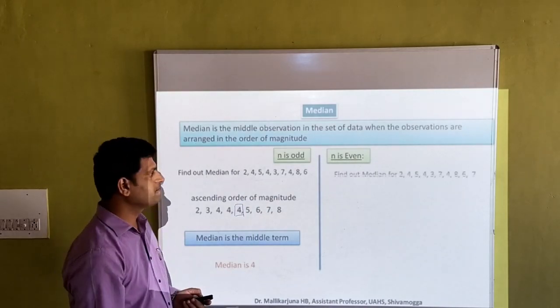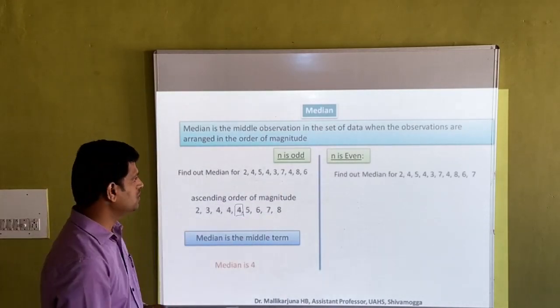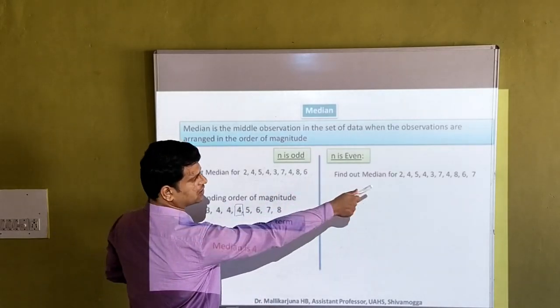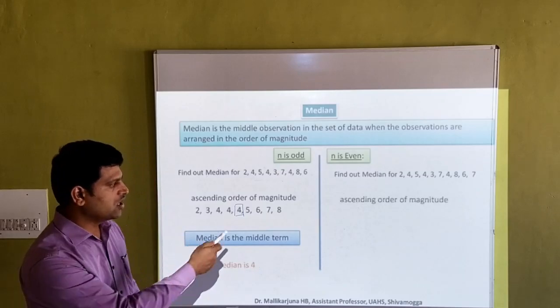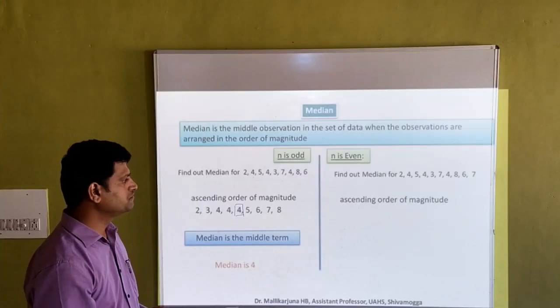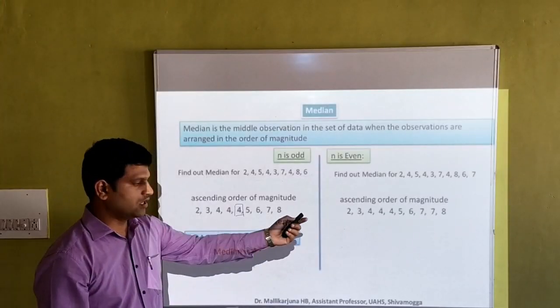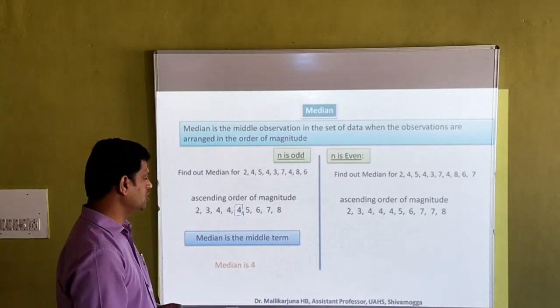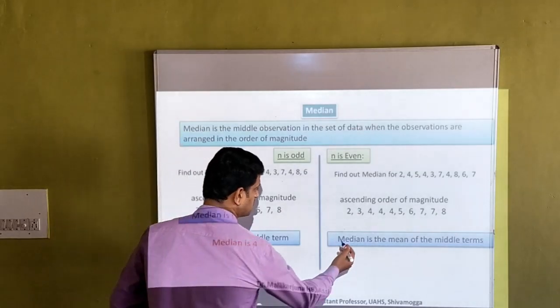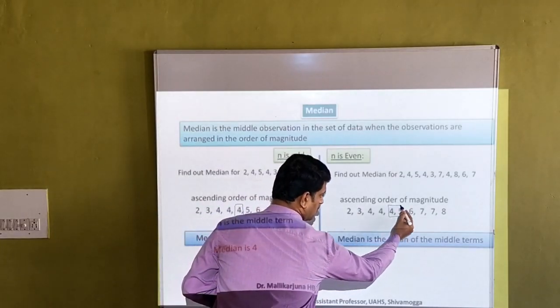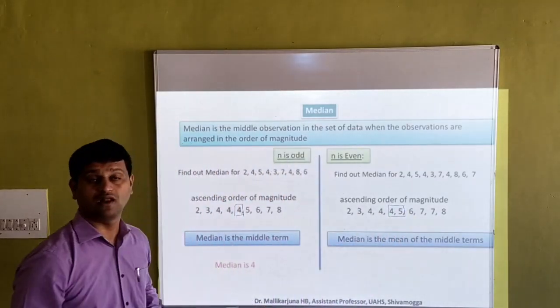I have taken one example here. Only one observation is added: 7 is added extra, so that's the tenth observation. Next, arrange in ascending order of magnitude. Here the median is the mean of the middle terms. These values 4 and 5 are the middle values.